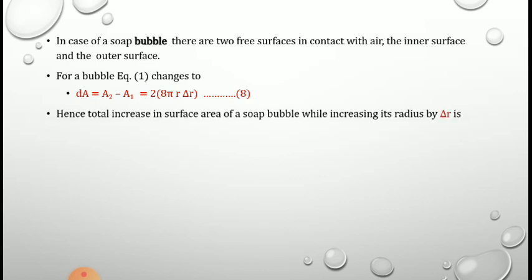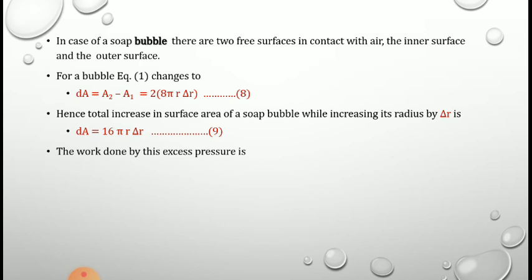Hence, the total increase in surface area of a soap bubble while increasing its radius by delta r is given by dA is equal to 16 pi r into delta r. It is represented by equation 9.